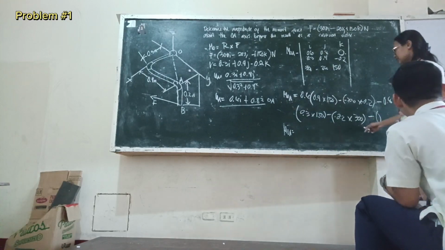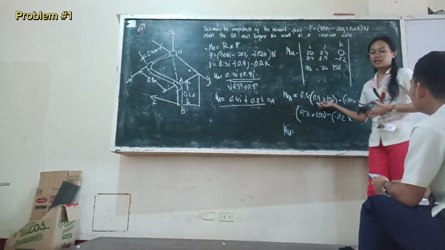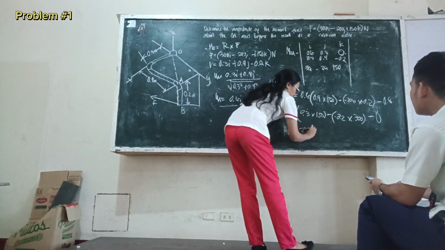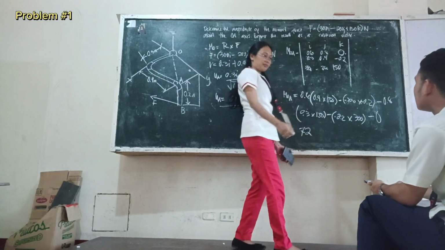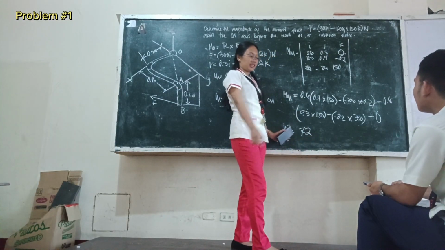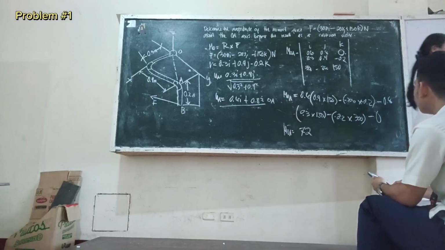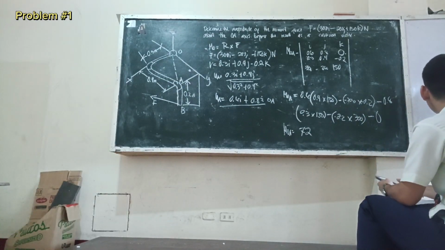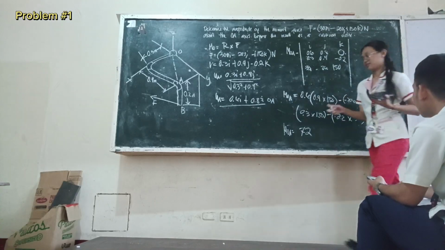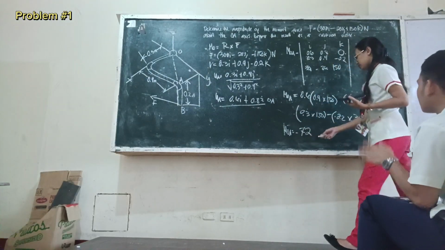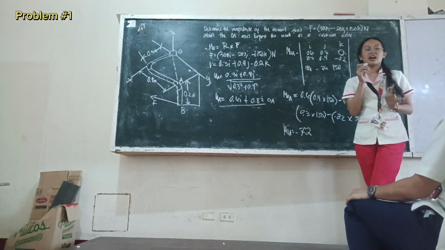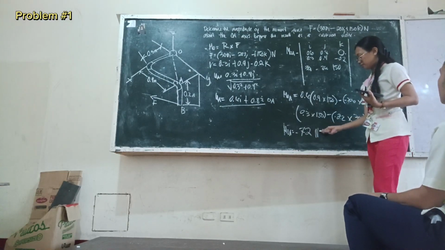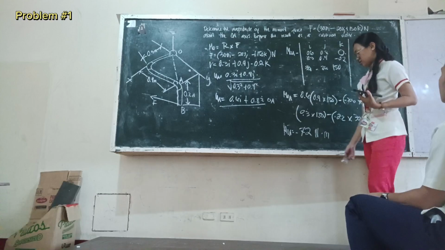So when you add everything, it will result to 72. Negative or positive? Negative. Okay, negative. What is the unit? Newton. Negative newton. Okay.